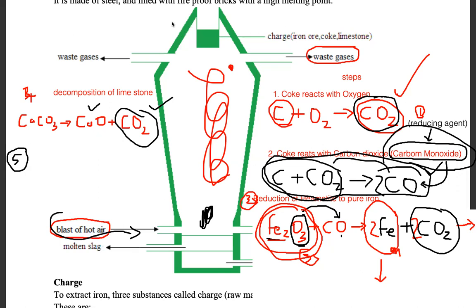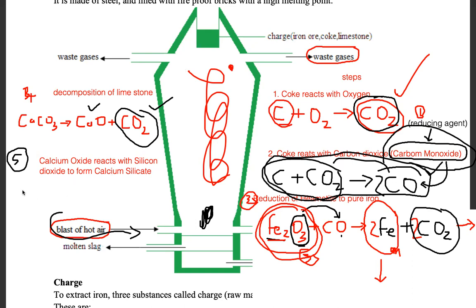Calcium oxide reacts with silicon dioxide to form calcium silicate, which is a complex, a bit of a delicate compound. So we are forming calcium silicate.